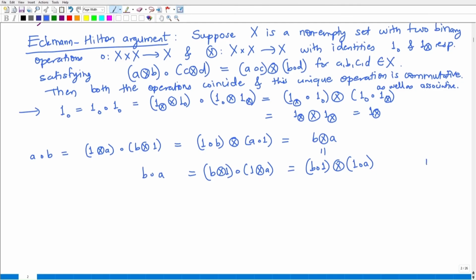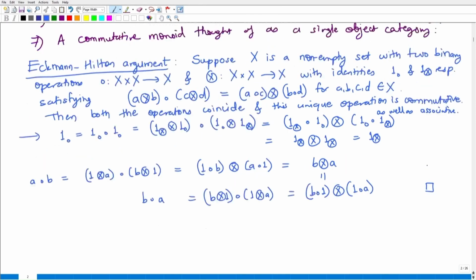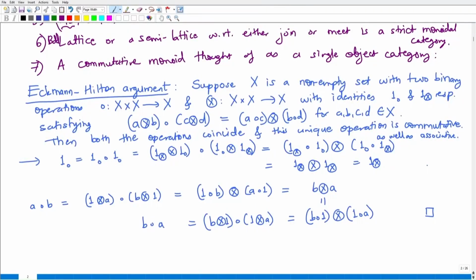You have been given enough directions. It's a very simple argument, this Eckmann-Hilton argument. Now let's come back to monoidal categories, because that was our main purpose. A single object small category, let me highlight that it is a small category, has two operations.